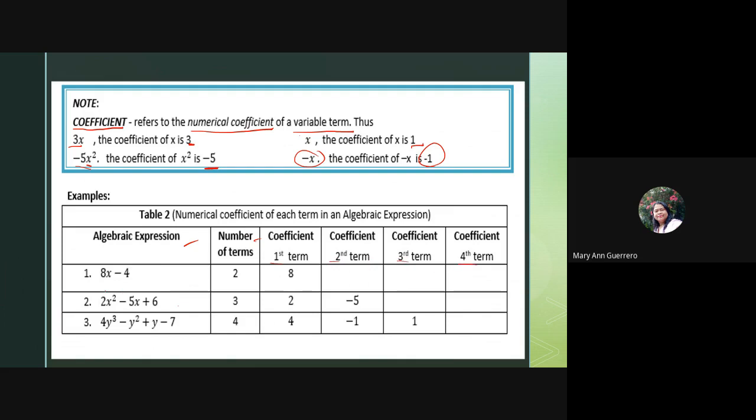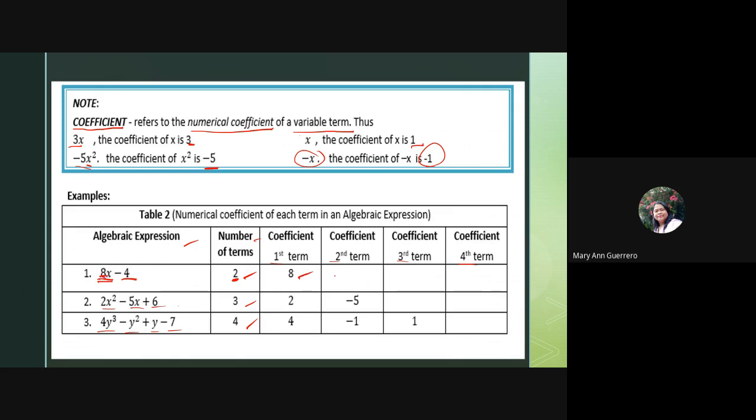fourth term. Okay, so number of terms, we have 1, 2, 1, 2, 3, 1, 2, 3, 4. Now, the coefficient of the first term, diba? Meron tayong two terms. So, we have first, second term. Okay, for the first term, coefficient niyan is 8.